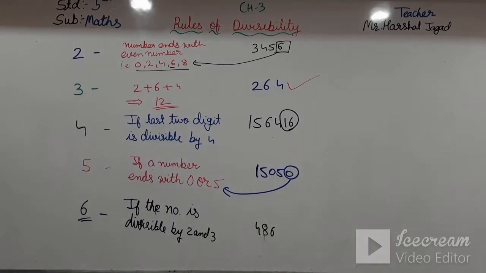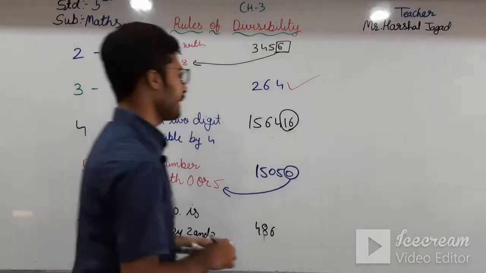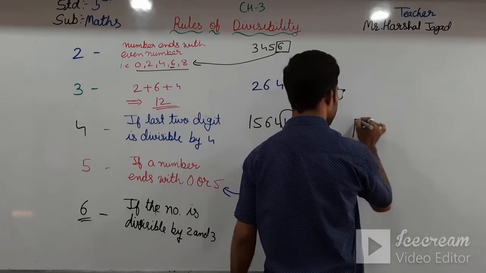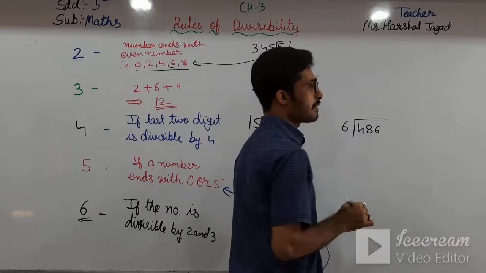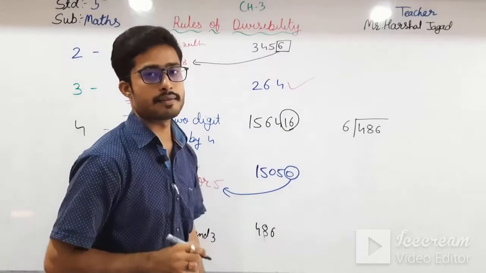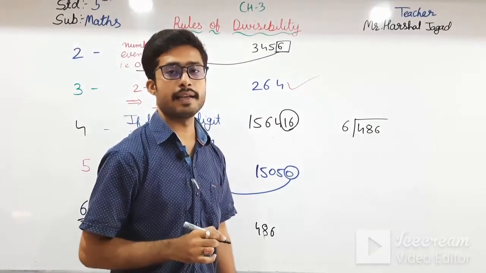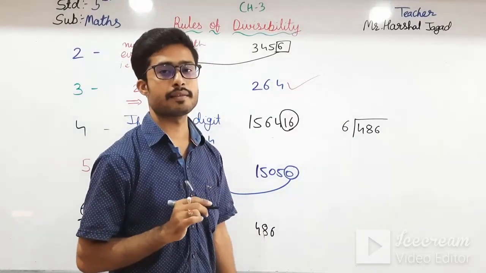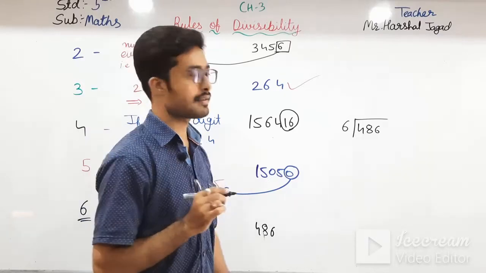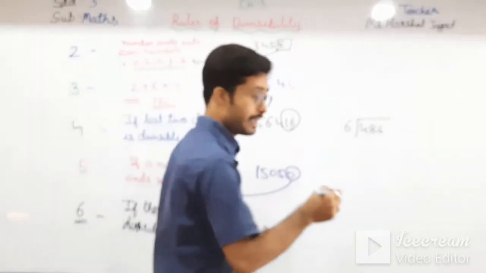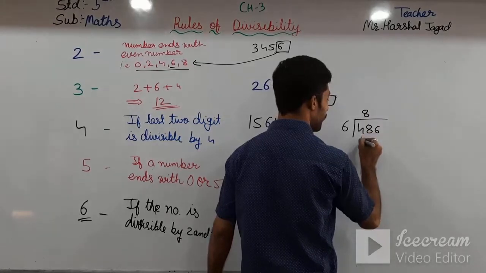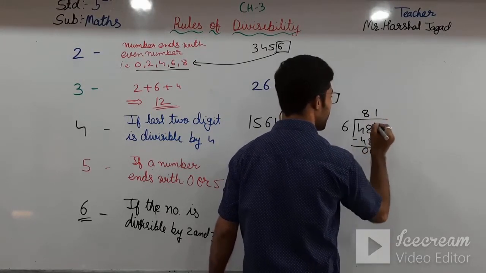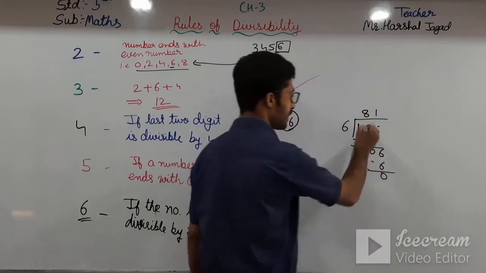So the divisibility test of 6: 486 divided by 6. 6 1s are 6, 6 2s are 12, 6 3s are 18, 6 4s are 24, 6 5s are 30, 6 6s are 36, 6 7s are 42, 6 8s are 48. Here 0, here 0, 6, 6 1s are 6. Yes, it is divisible by 6.